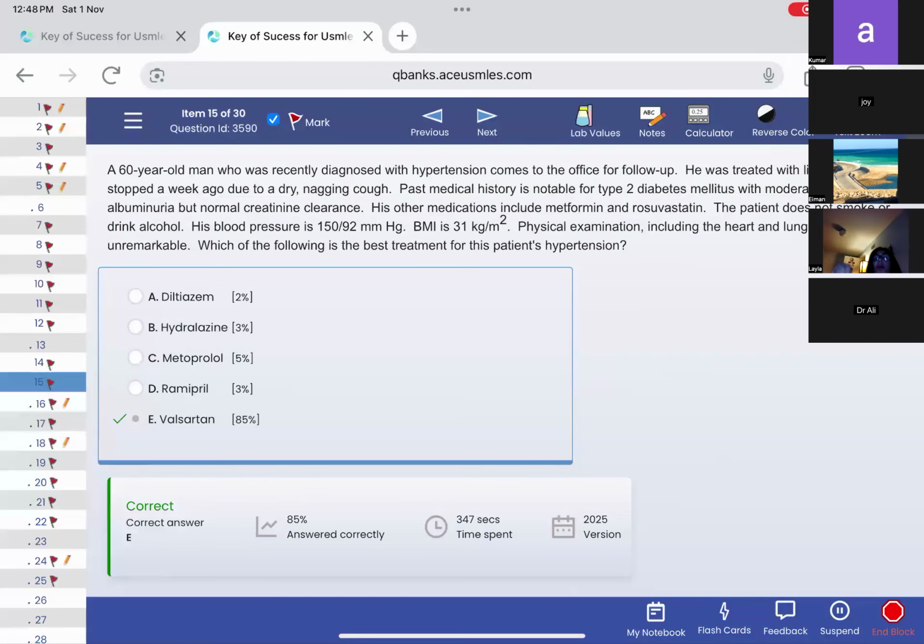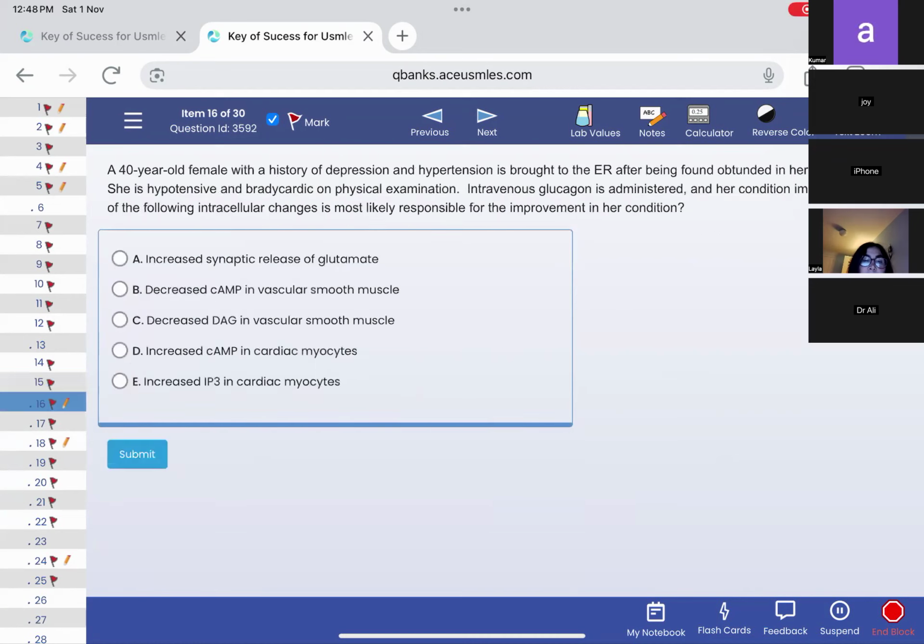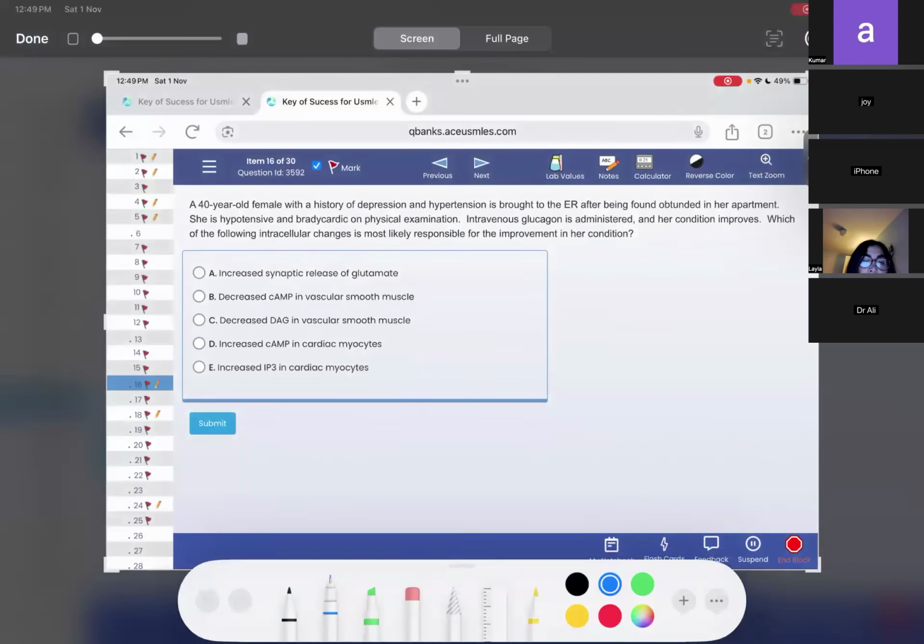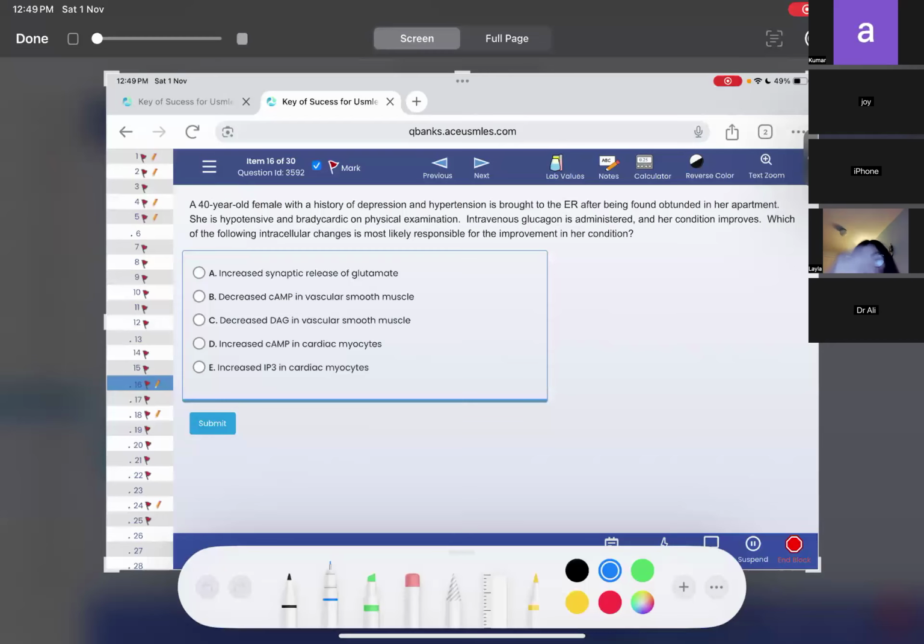Shall we move forward? Yes, sir. Okay. Let's move to the next one. Any volunteer? Anyone?